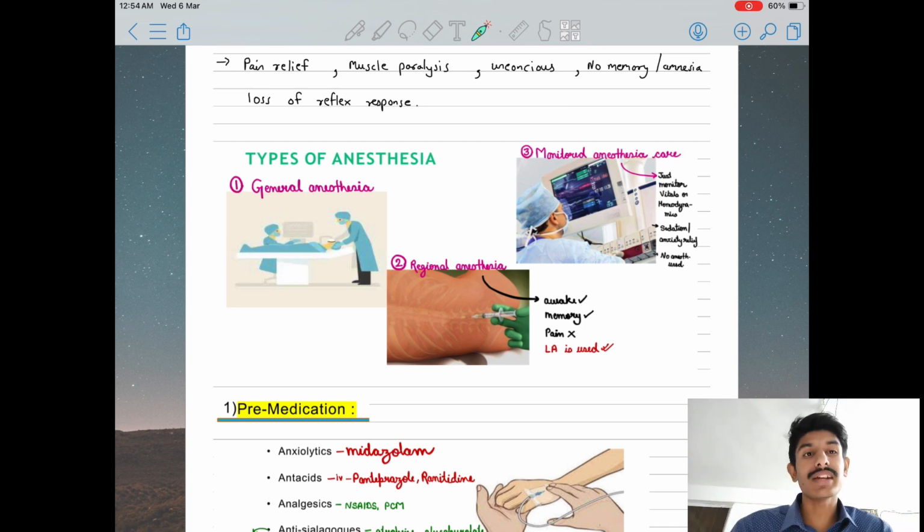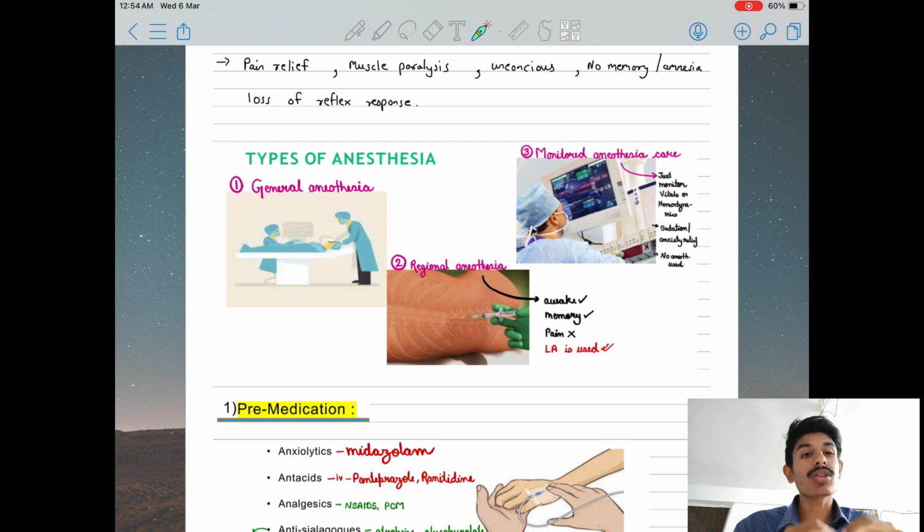Okay, and what is monitored anesthesia? For example, a grandma comes to your hospital and the doctor wants to do some procedure on her mouth, such as giving sutures or removing her teeth, or checking some body parts, and at that time the grandma feels anxiety or her heartbeat increases. So the doctor tells the anesthetist to keep an eye on the monitor, the heartbeat and other things, so he can do the procedure well, because if anything goes wrong, the anesthesia team will take part and the problem will be solved.